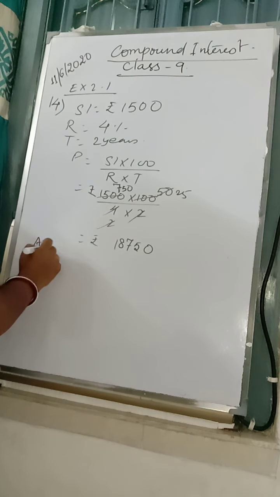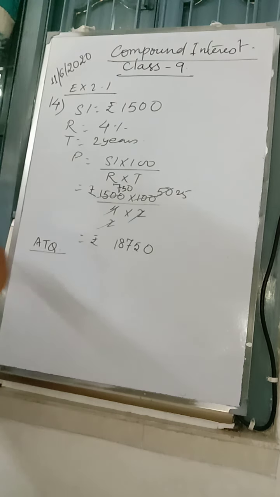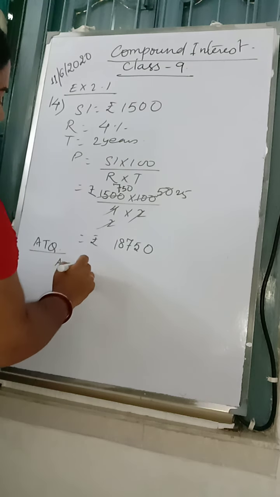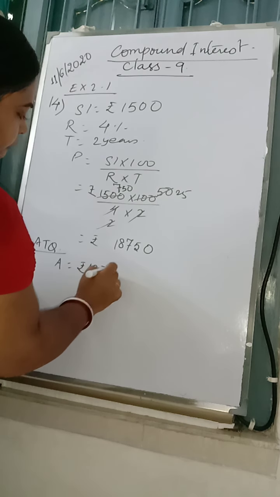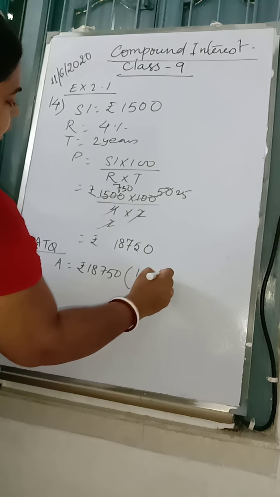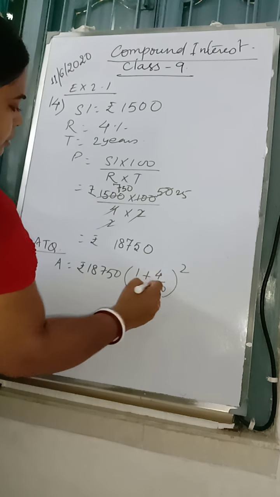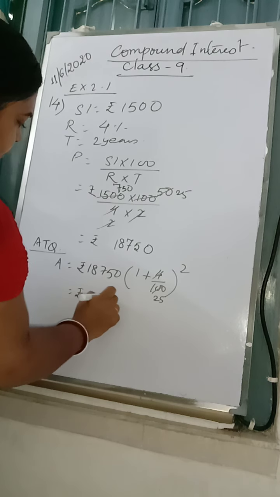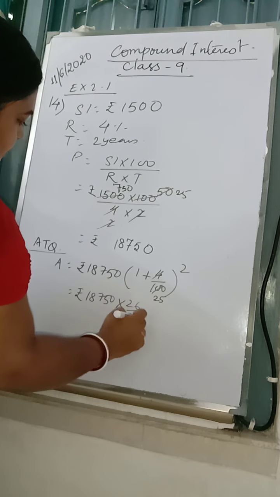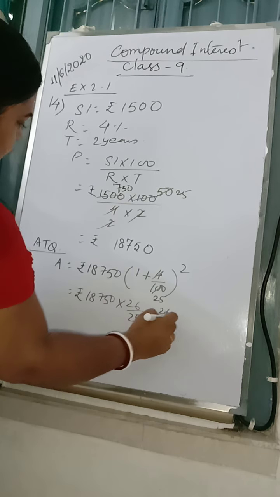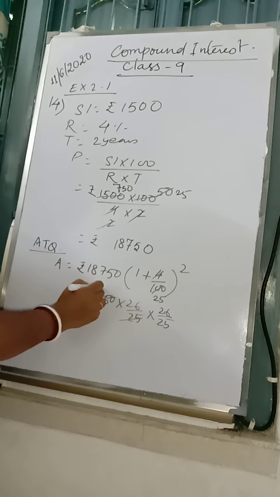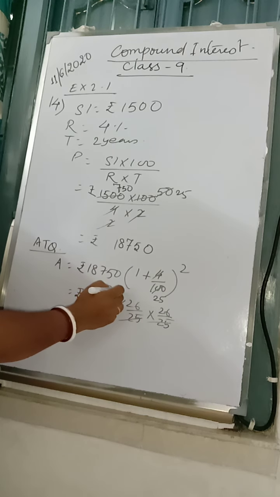Now according to the question, it says what will be the compound interest payable annually on the same sum for the same time. According to the question, A is equal to rupees 18,750 for same time and same rate of interest, 1 plus 4 by 100 to the power 2. This gives you rupees 18,750 into 26 by 25 into 26 by 25. Now this gives you 750, 25 30.